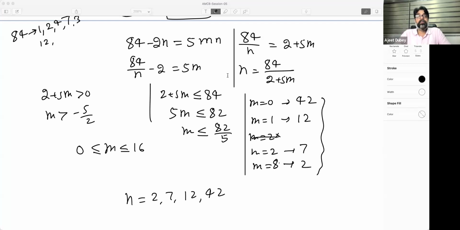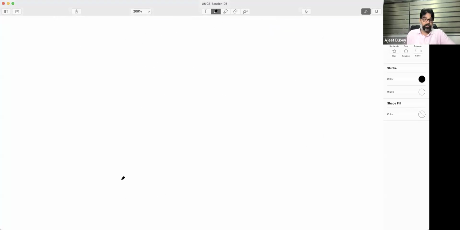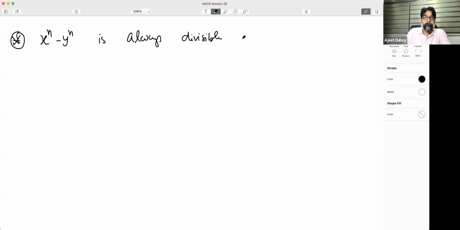Let's see another question. Before going to another question, 1, 2 points you should know. It will be easy for you. X power n minus y power n is always divisible by x minus y for all n belonging to natural numbers.